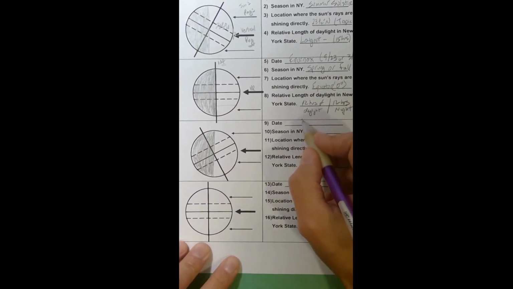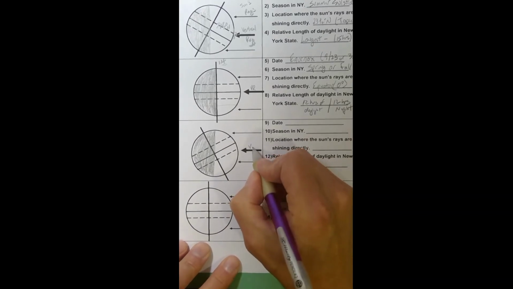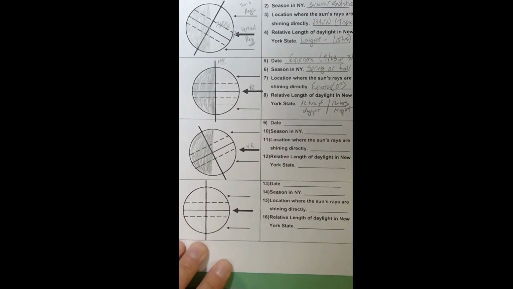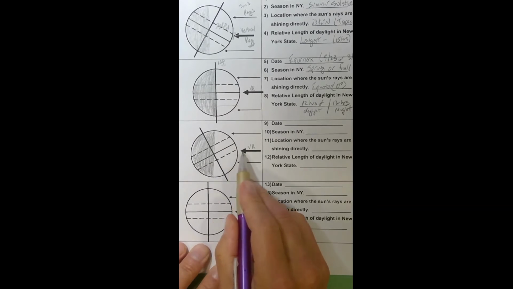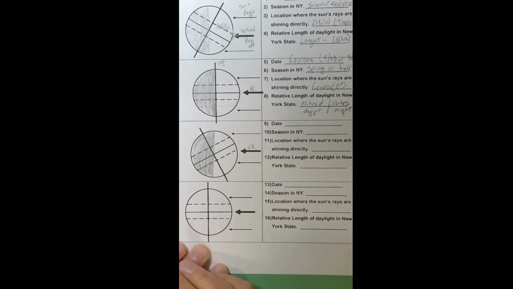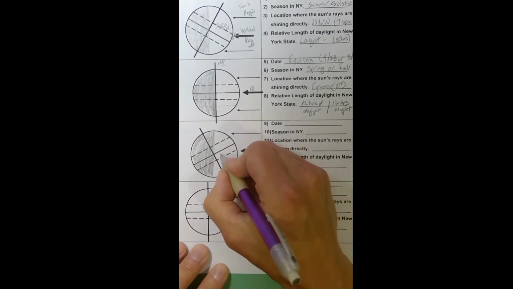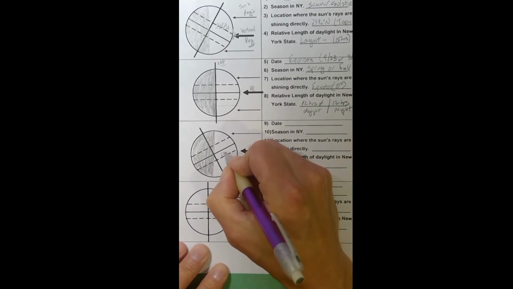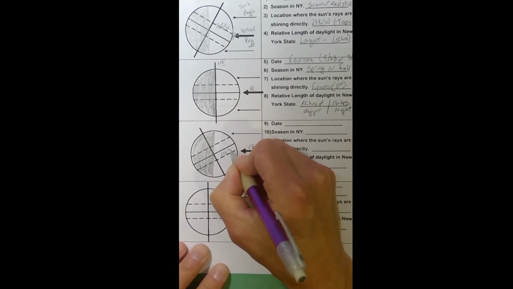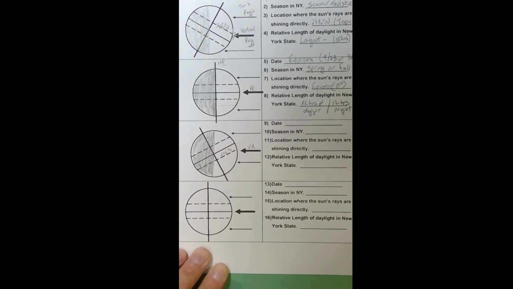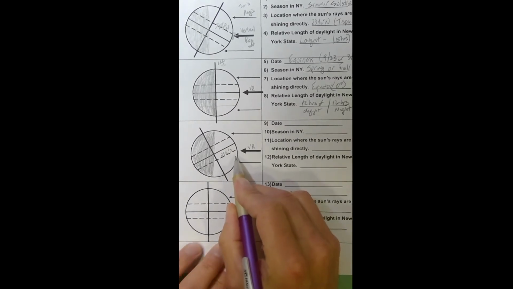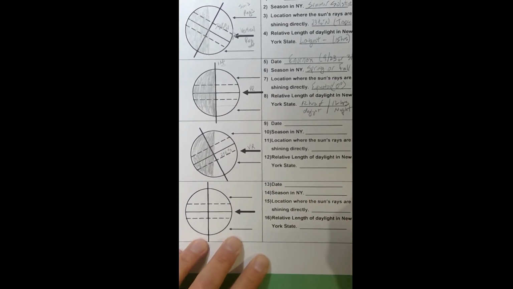Now, when I'm looking at this date, I notice that the vertical ray, the 90-degree angle, has shifted into the southern hemisphere. So the sun's vertical ray is hitting at 23.5 degrees south. So the vertical ray is on the Tropic of Cancer.